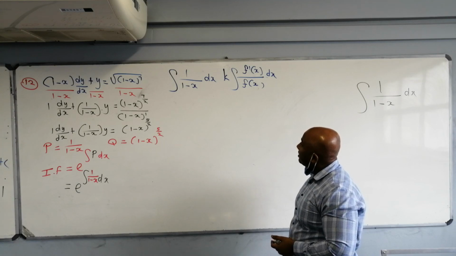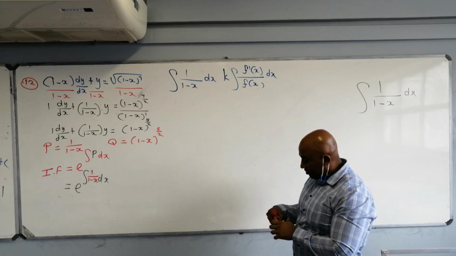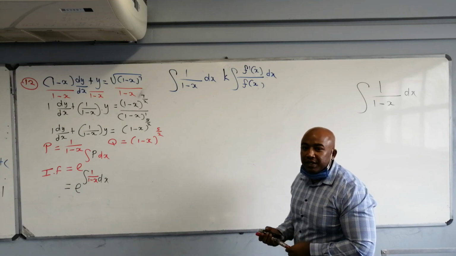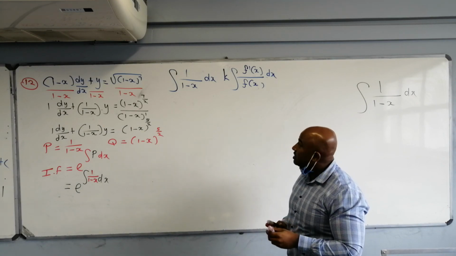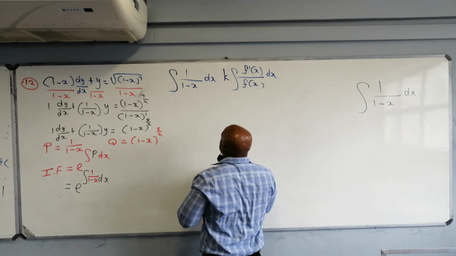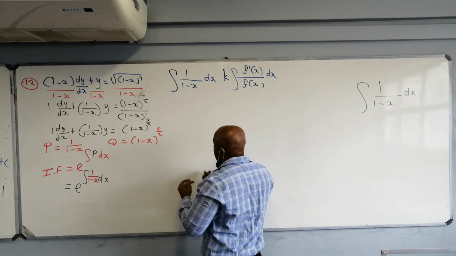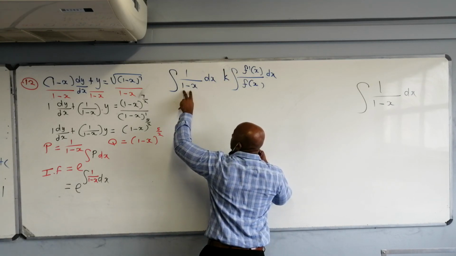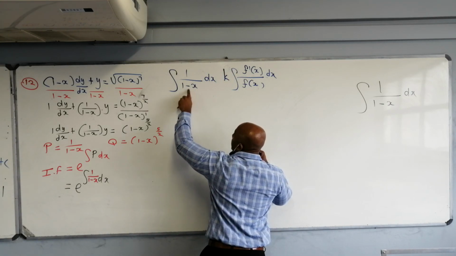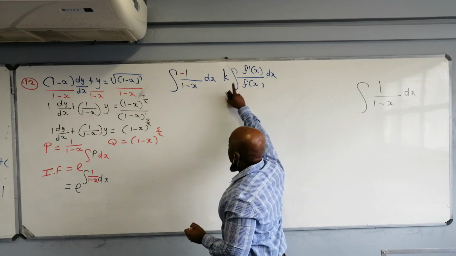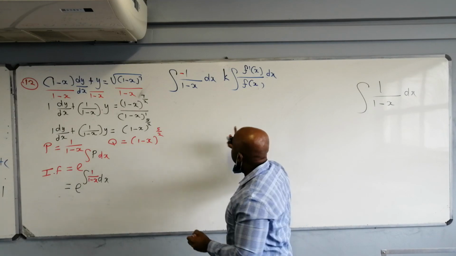Does this satisfy f prime x over f of x? Not 100%, but we can manipulate it by inspection. If f of x is 1 minus x, then f prime x means differentiate this. So the derivative of 1 minus x is minus 1. So now it is an exact derivative.